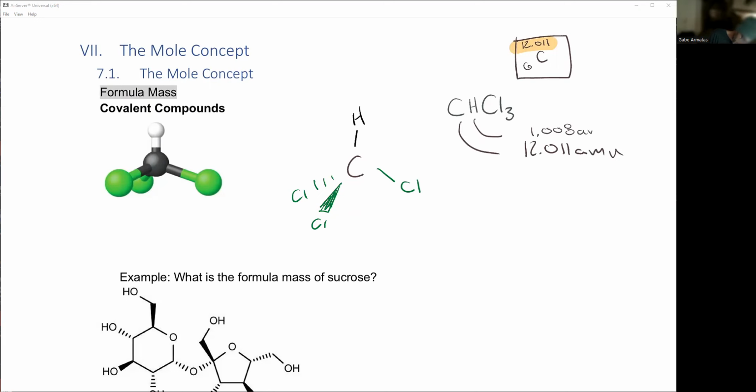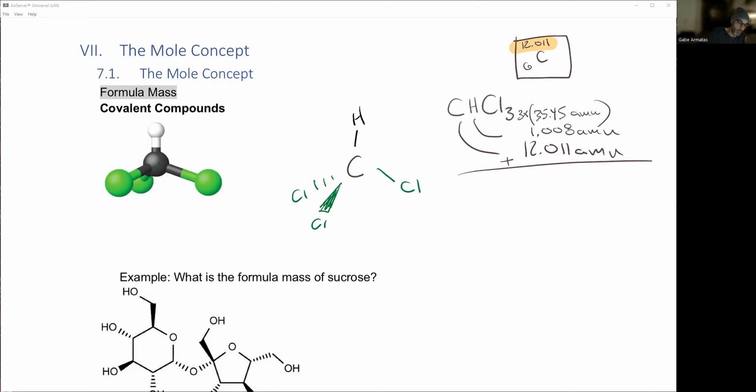1.008 atomic mass units. But I have 3 chlorines. Those 3 chlorines are going to be represented by 3 times the mass of the chlorine. Chlorine is 35.45 atomic mass units. So what I'm going to do is combine all of these things together, and I'm going to get an overall atomic mass.